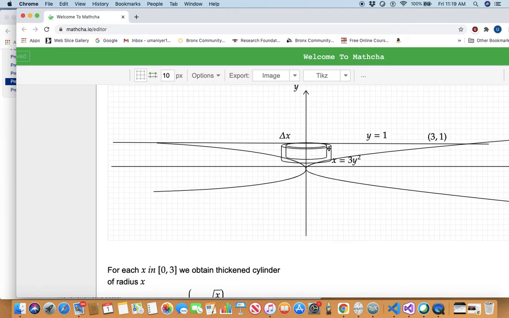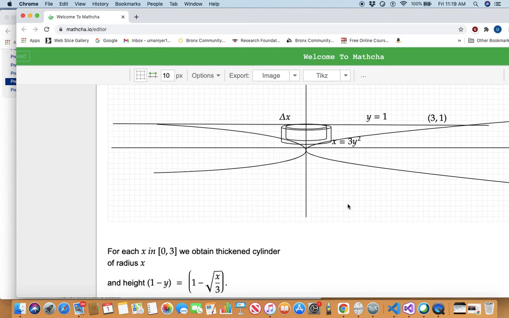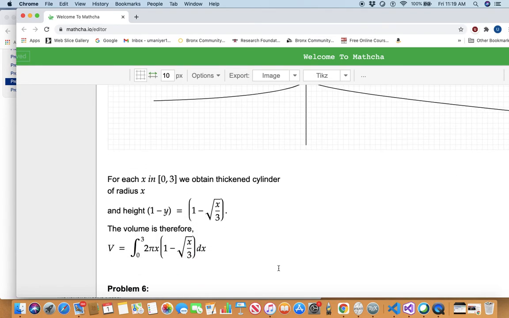Radius is x coordinate because you're measuring from y-axis, and the height is 1 minus 3y squared. 1 minus y coordinate, basically. So to find y coordinate, divide both sides by 3 and take square root. So y coordinate is square root x by 3.